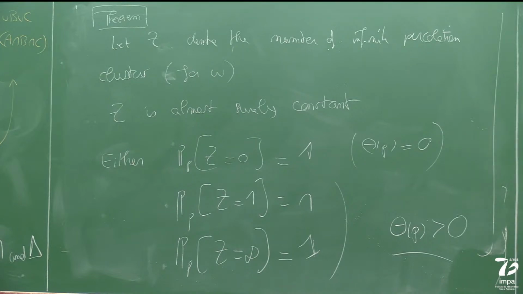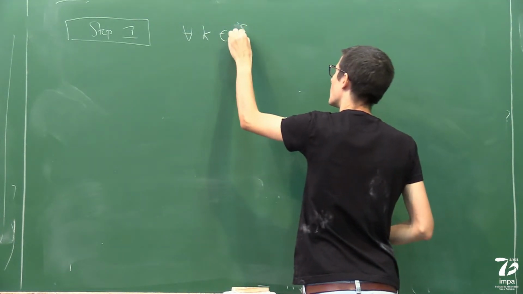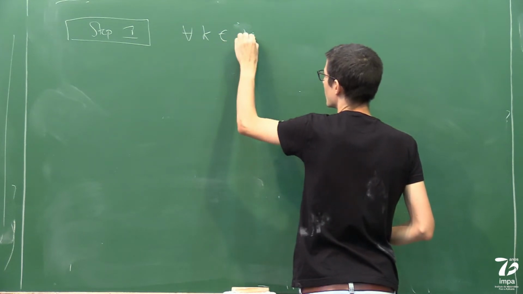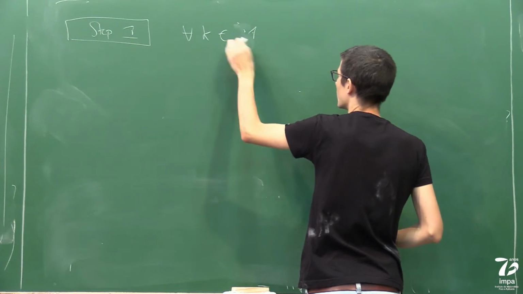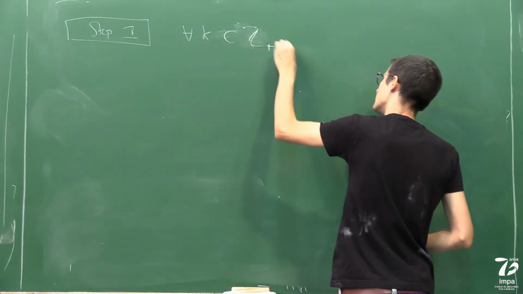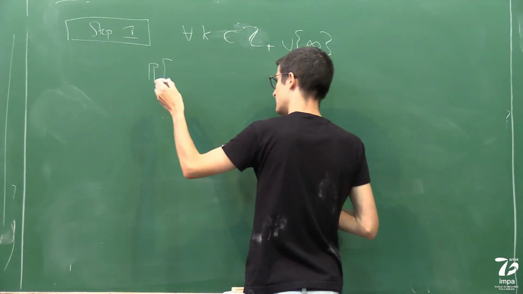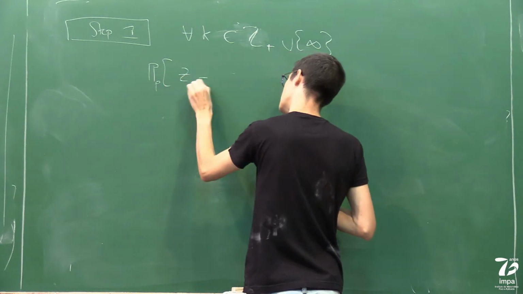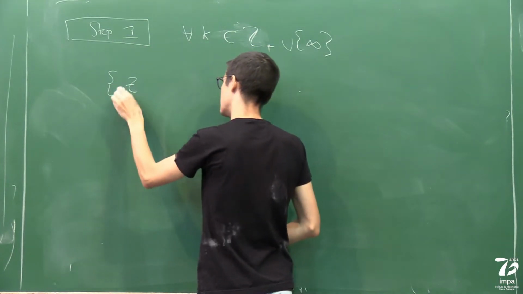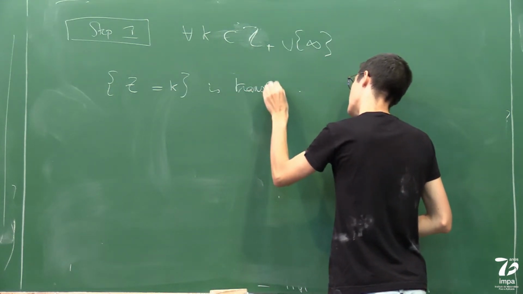What we have is that for all k in Z plus, if you want, union infinity, the probability that Z is equal to k, the event Z equal k is translation invariant.